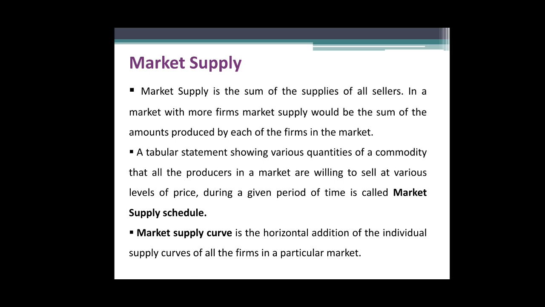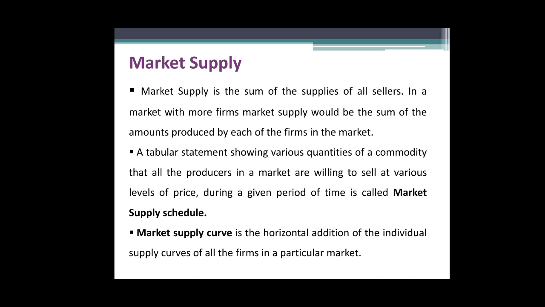Then market supply would be equal to the supply by seller A plus supply by seller B plus supply by seller C, which is 10 plus 20 plus 30, which will be equal to 60. Thus, market supply is 60 units of commodity X supplied by all the three sellers in the market.